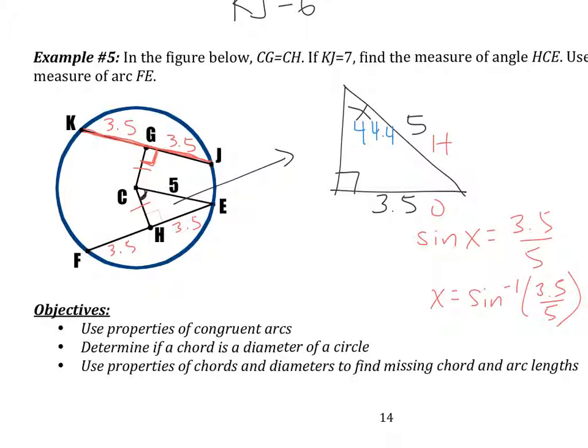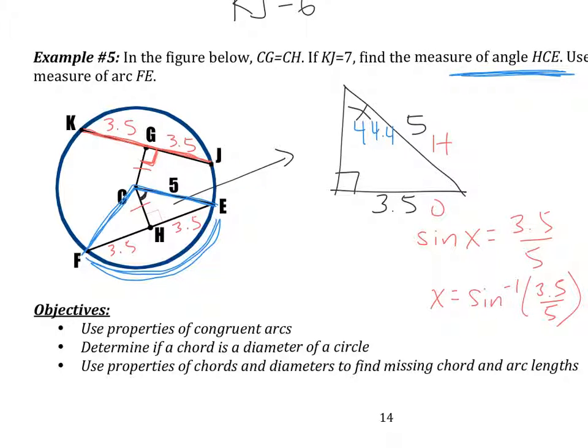So we did the first thing. We figured out what the angle measure of HCE is. But it's asking us to find arc length FE. Well, we learned yesterday that the arc is equal to the central angle. So we need to figure out the angle FCE.